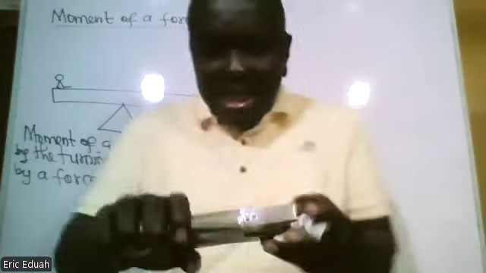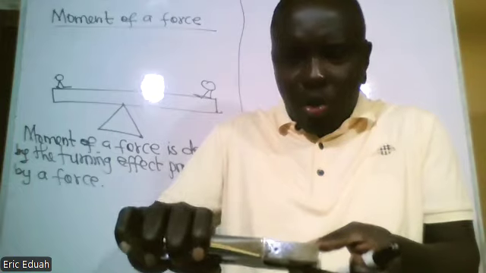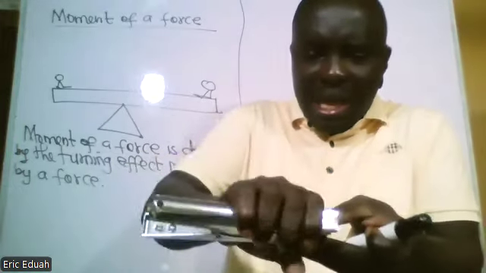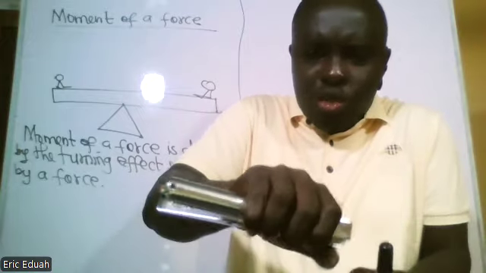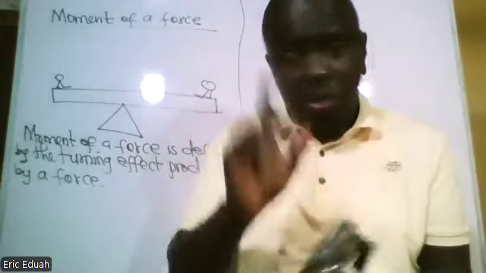Now the point is that imagine opening your door, and then instead of holding the outer end, you hold it at a point close to the pivot. Turning becomes so difficult.